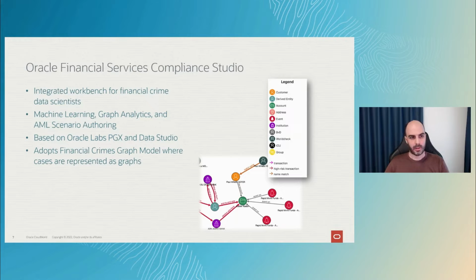The whole system is based on Oracle Labs PGX, the graph analytics engine, and Oracle Labs Data Studio. And importantly, it adopts the financial crimes graph model where all the cases are represented as graphs. You can see an example of a graph here on the right side with the different entities, transactions and relations between the entities.